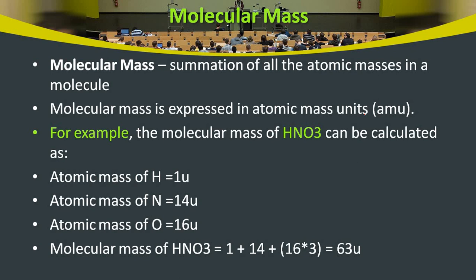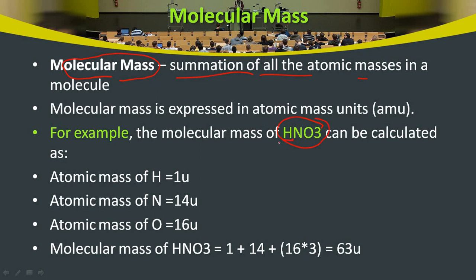Next is the molecular mass. As the name suggests, I already told you that when atoms and atoms come together, they form a molecule. And if the atomic masses of these atoms are added together, that mass is called the molecular mass. Summation of all the atomic masses in a molecule is called molecular mass. For example, HNO3 is given here.